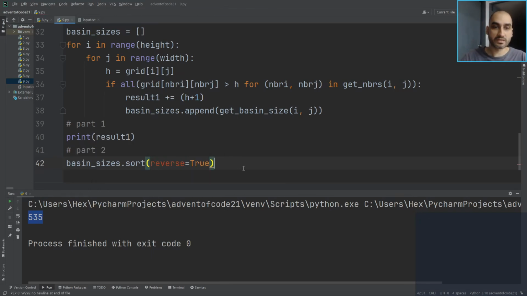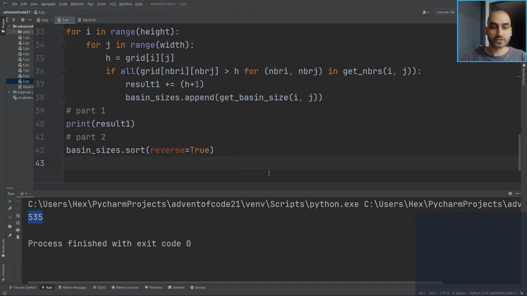So we start with the biggest. And then we want to print basin sizes 0 times basin sizes 1 times basin sizes 2. Is that what they wanted? Multiply the 3 biggest.